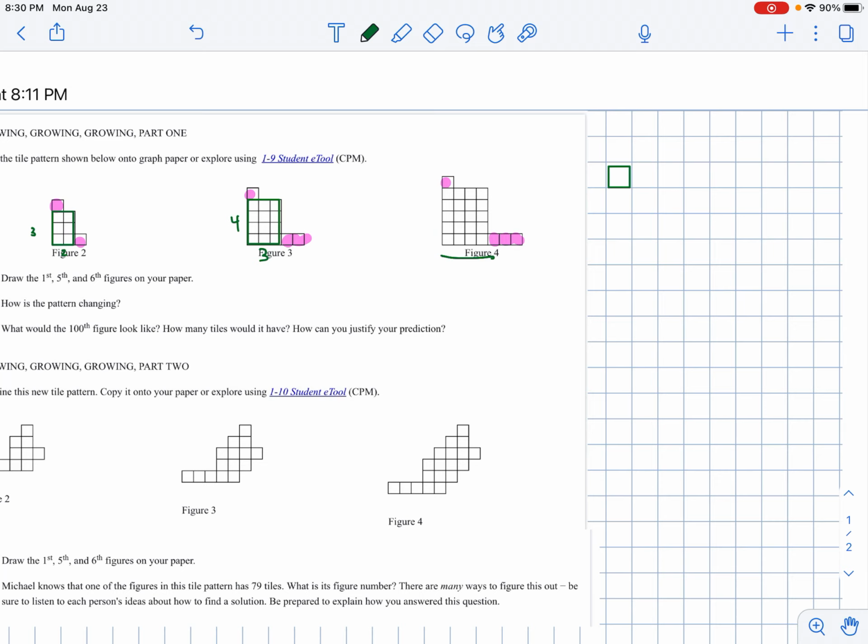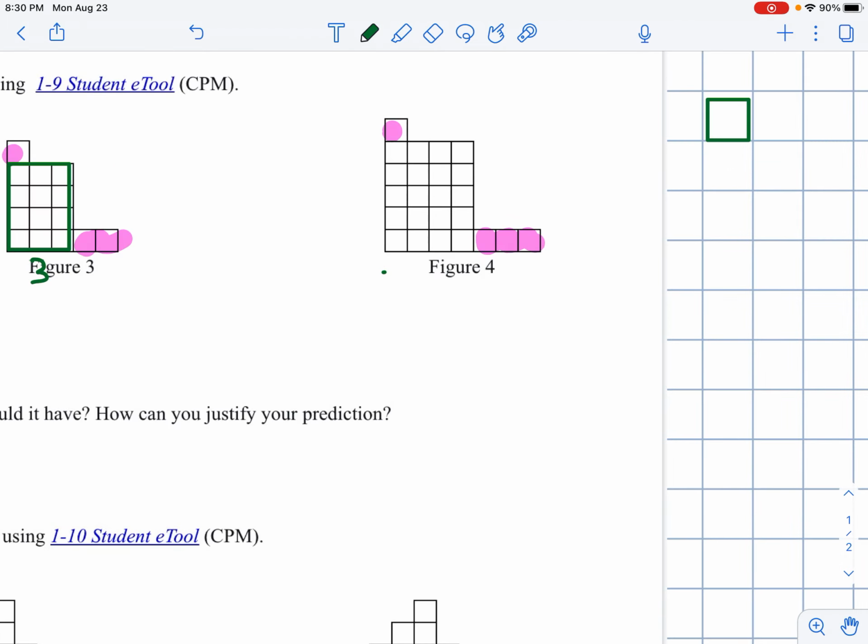So basically, the base of that rectangle was the figure number. So going this way, the figure number is the base. The height of this rectangle is going to be the figure number plus 1. So in that case, it's 5.